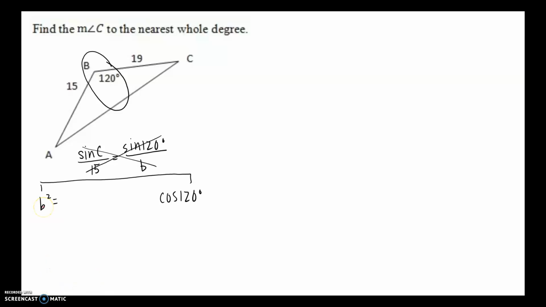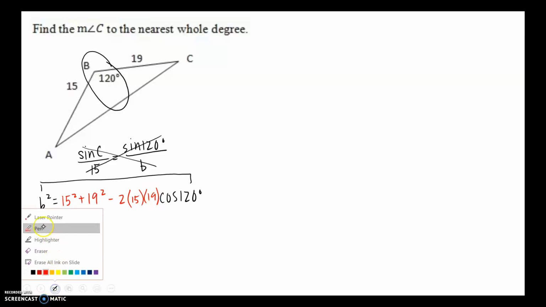So the side I'm looking for squared is equal to the sum of the other two sides squared minus 2 times a times b times the cosine of 120 degrees. All right, well, solving this, notice all of your values are on the same side of the equal sign. Plug it in your calculator exactly as is.